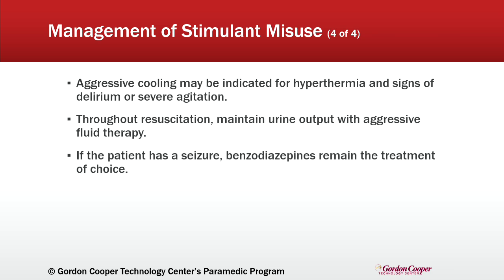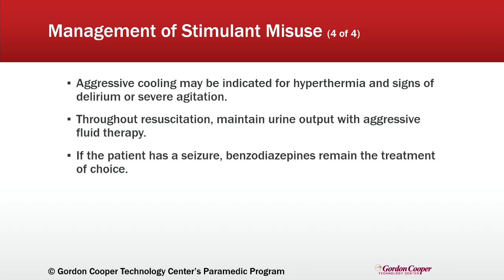And then some signs of stimulant overdose and excited delirium may include things like bizarre behavior that can often be aggressive and very irrational. These patients can be found naked, possibly because of hyperthermia or agitation.